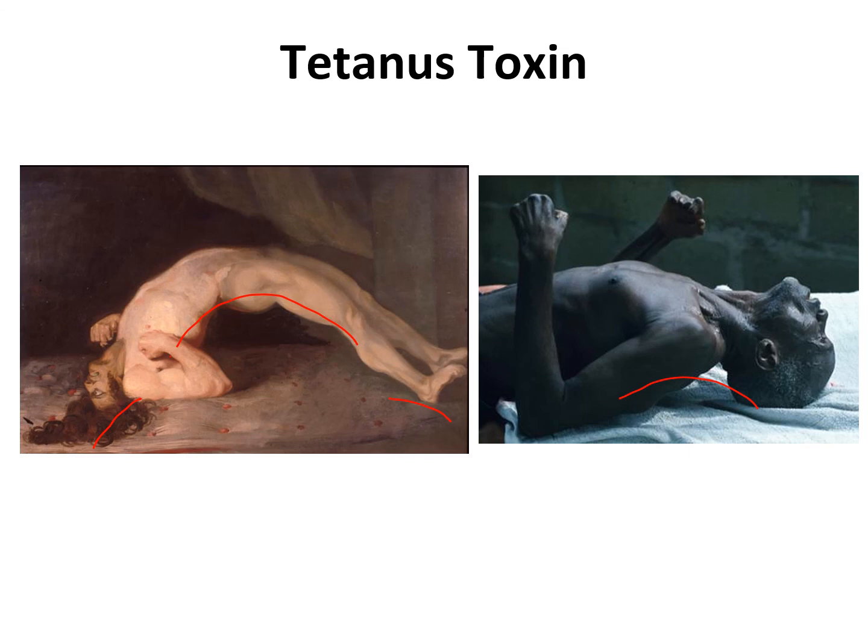I find botulism and tetanus very interesting, the toxins, because both of them come from related Clostridial species. They both have an effect on the neuromuscular junction, but they have different effects because, again, they're proteins. Proteins are specific.